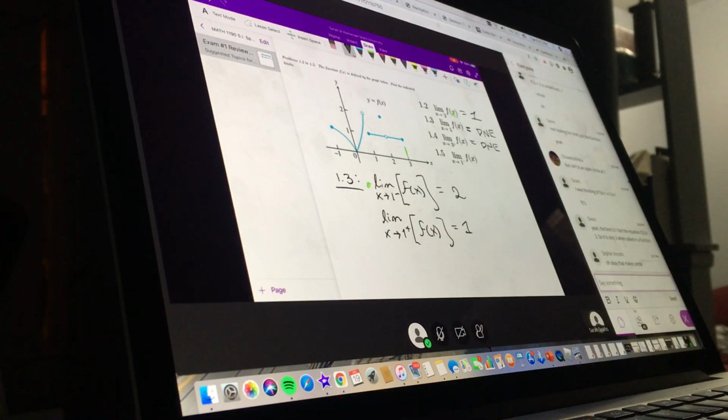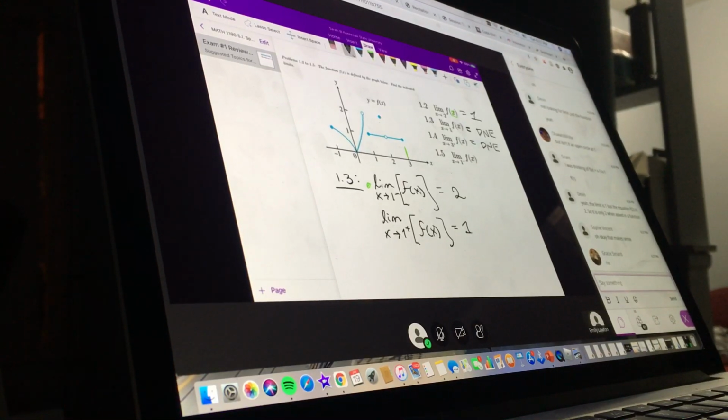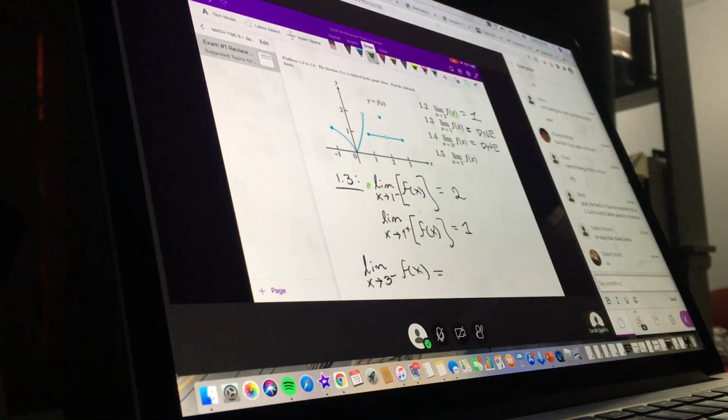So anyone have a question about that? Just to get more practice, could you do it from like the left side? Yeah. So if we want to do the limits as x goes to 3 from the left of f of x, we're going to follow the function from the left, right?